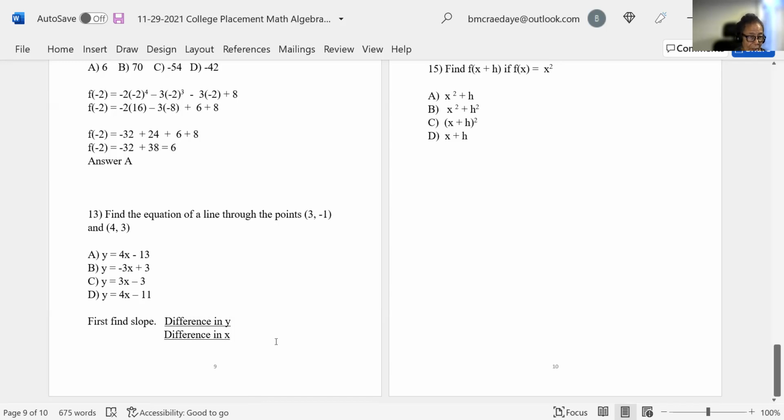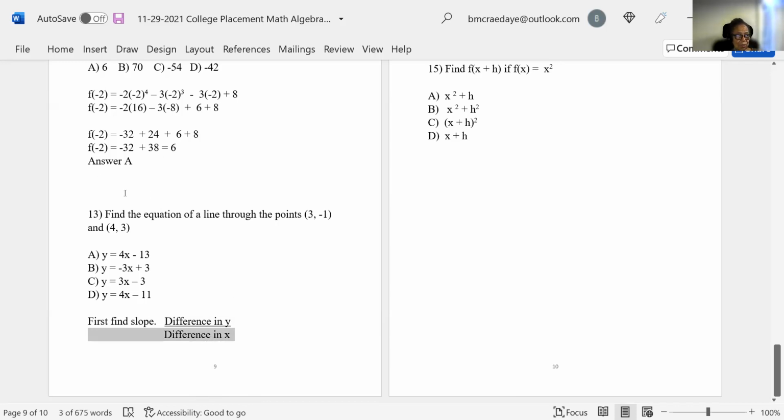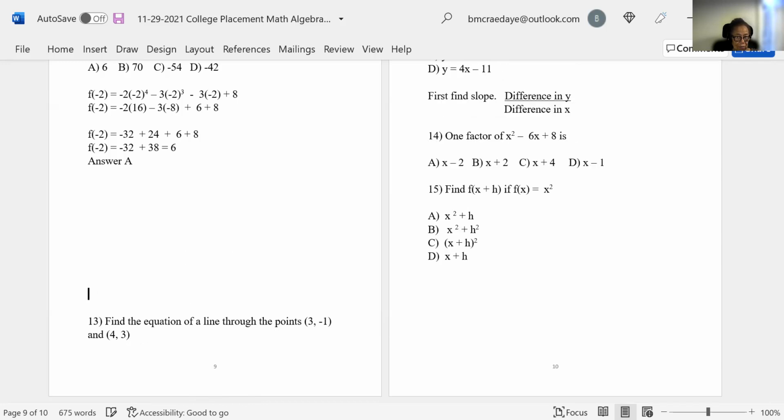Now remember, ordered pairs, you have what? X, Y, X, Y. Okay, so now I'm going to put all this over on the other side so we'll have room to work with it.